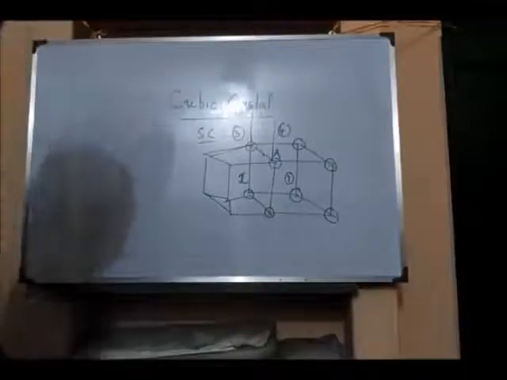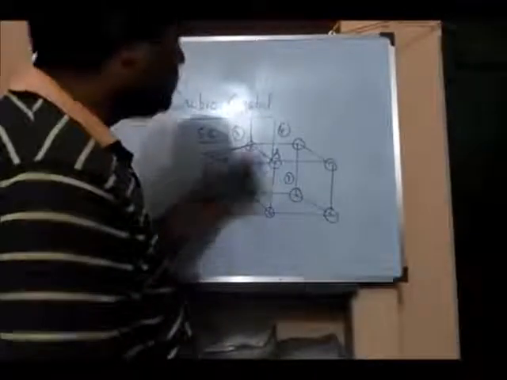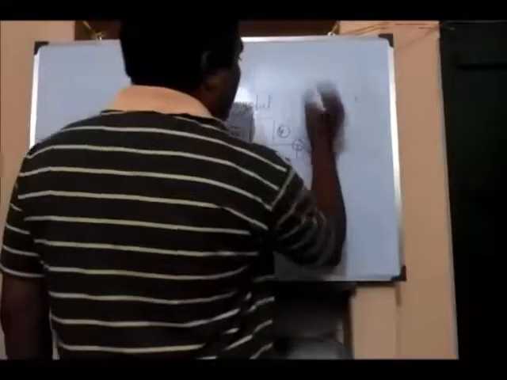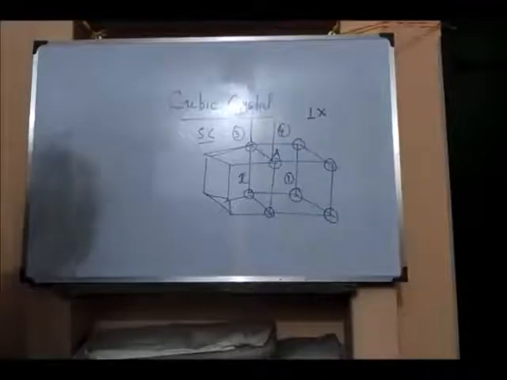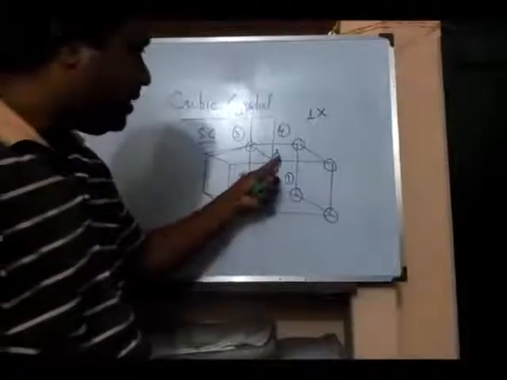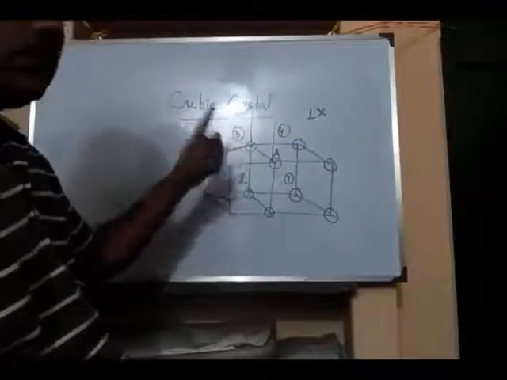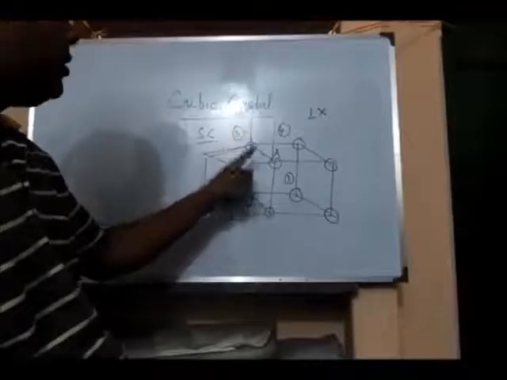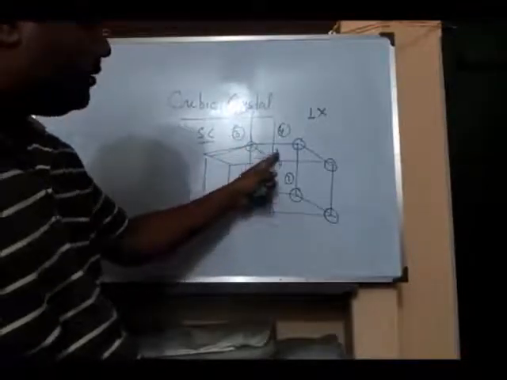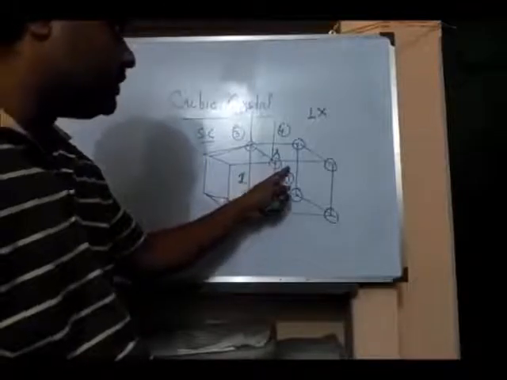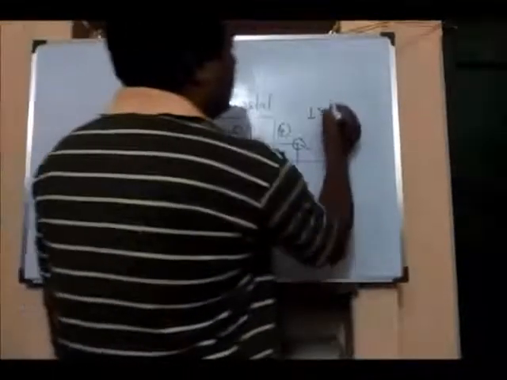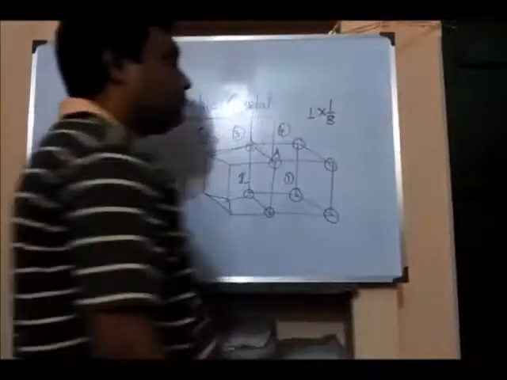Okay, so if you consider this atom, what is the contribution of this atom? So there is only one atom, and each atom is a part of 8 unit cell. So total contribution of this atom for single unit cell is 1 by 8 times.